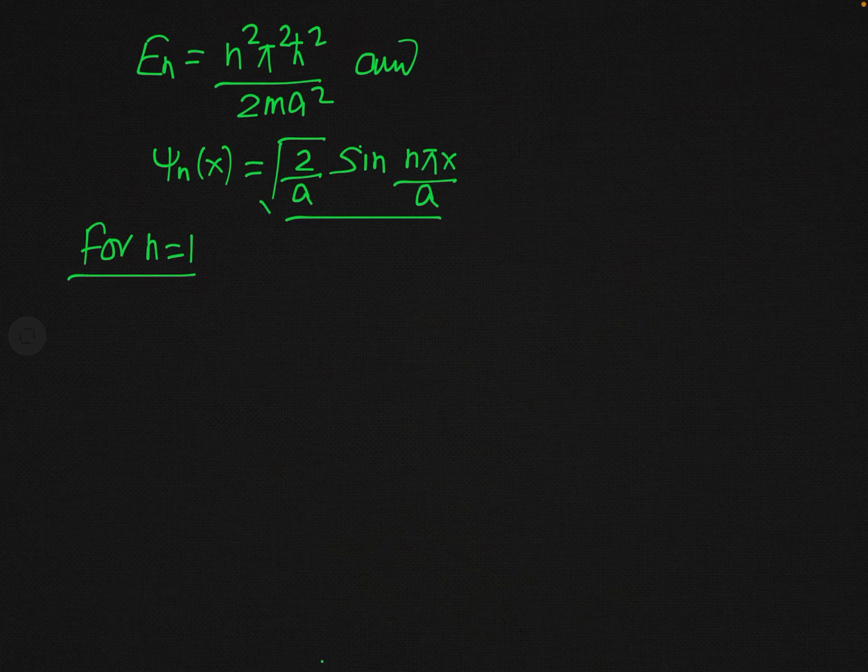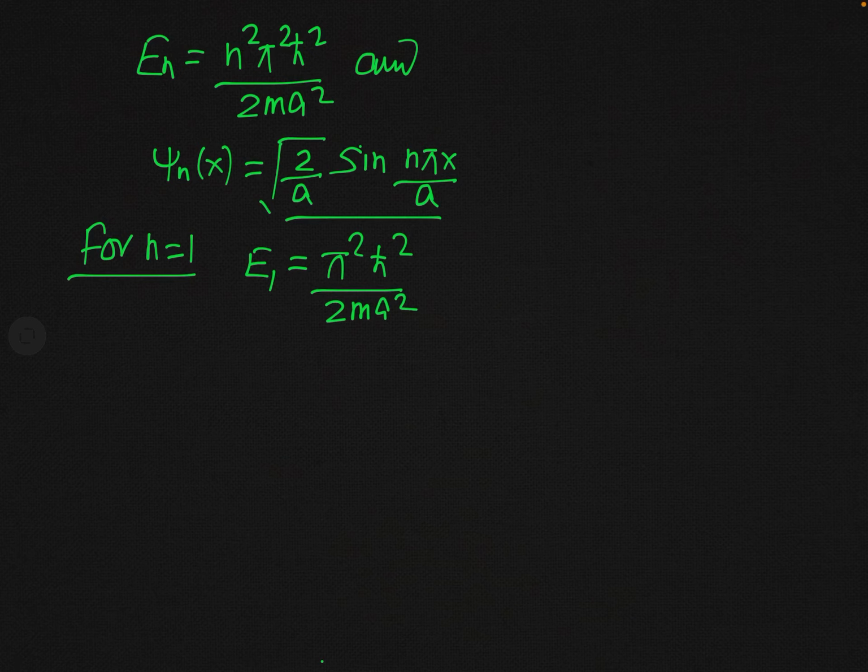You can see easily, the energy eigenvalue will be E1, and that E1, as n is 1, will be simply equal to pi square h bar square over 2ma square. This is actually called the ground state energy, as you have seen in the earlier lecture, or the zero-point energy.